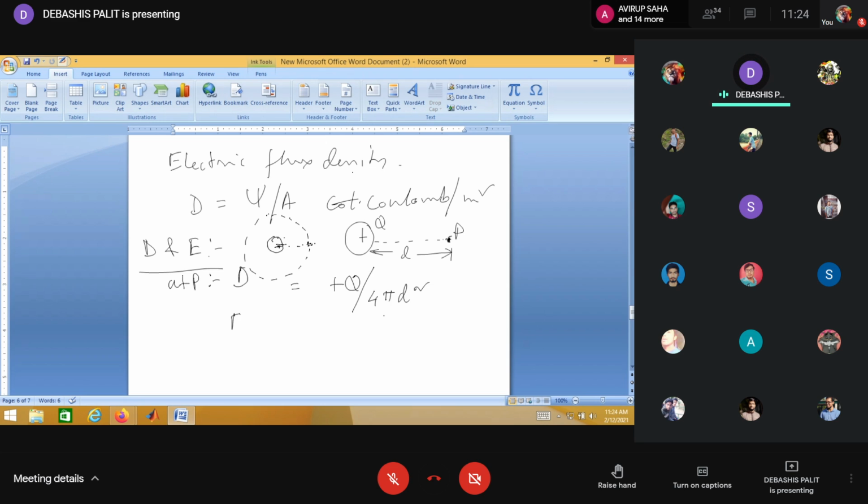And electric field intensity E, as per Coulomb's law, if you place a unit positive charge at P point, the force experienced by the unit positive charge is Q by 4 pi d square into 1 by epsilon 0 epsilon r. That is as per Coulomb's law. So the relation between D and E is E equal to D by epsilon 0 epsilon r.